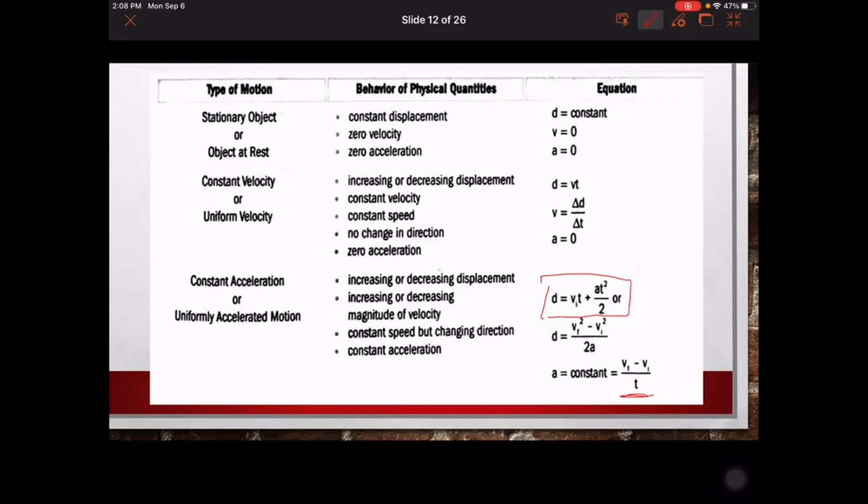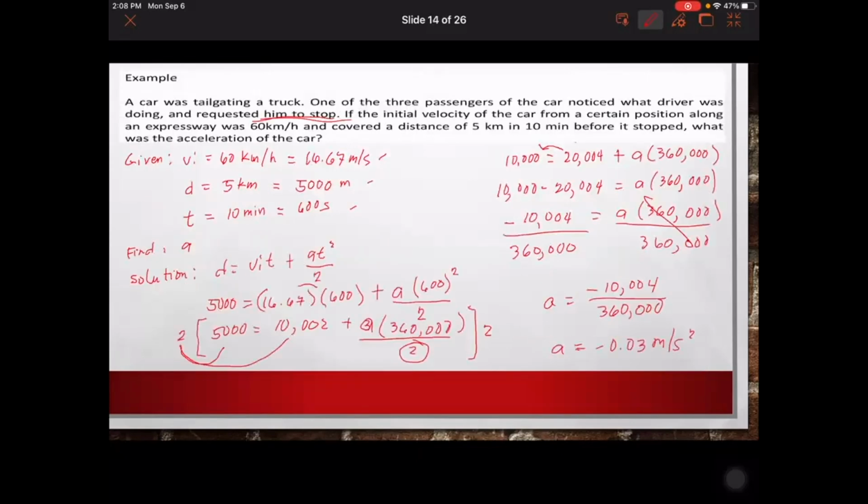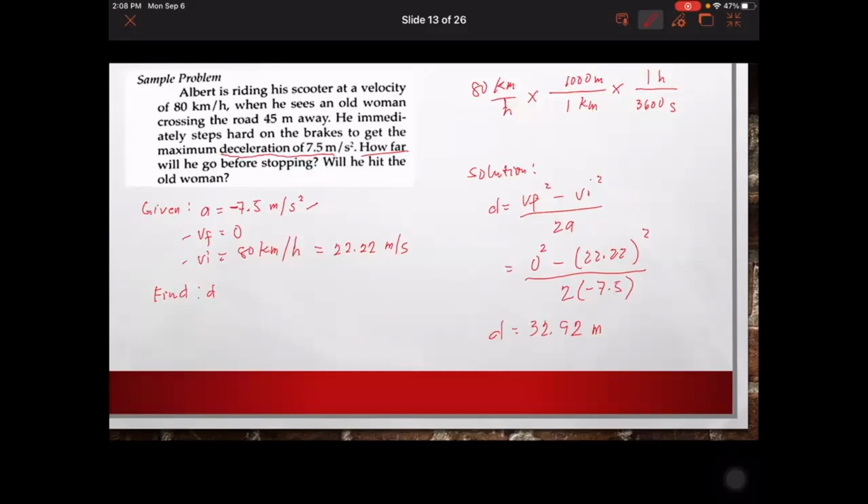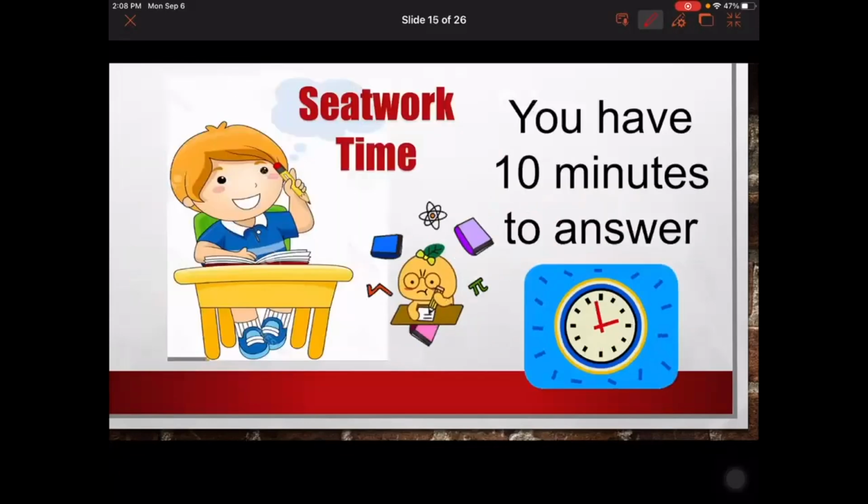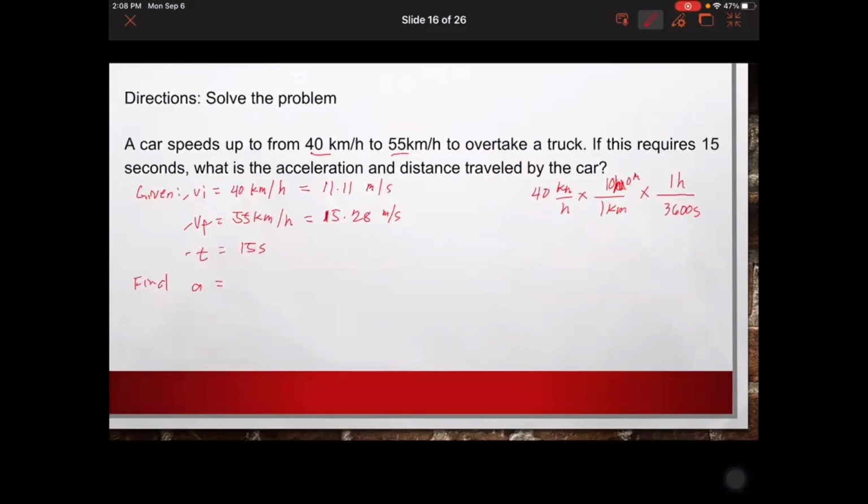Opo. Okay, so that's correct. So you're going to use the VF minus VI over time.